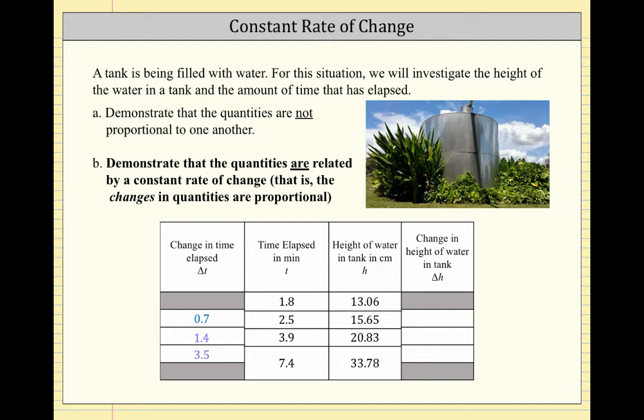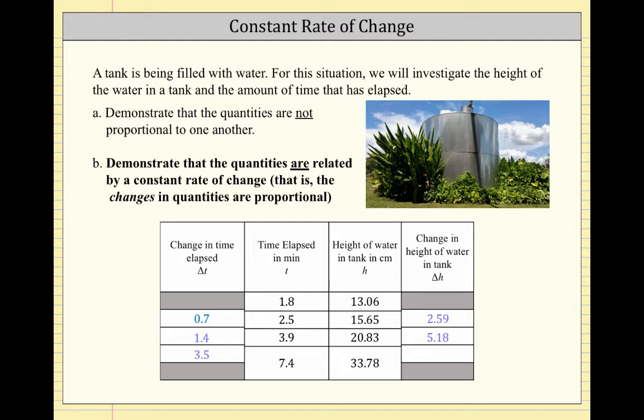And then we're going to follow a similar process to figure out the change of the height of water in the tank in centimeters. So a change from 13.06 centimeters to 15.65 centimeters. That would be a change of 2.59 centimeters. And to go from 15.65 to 20.83, that's a change of 5.18.